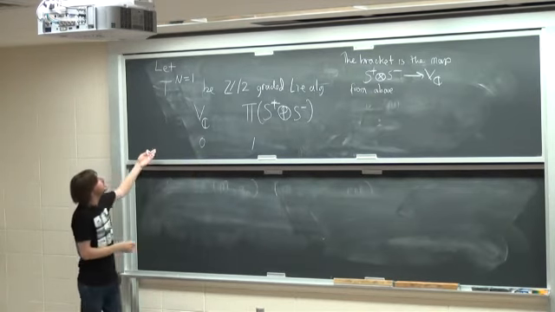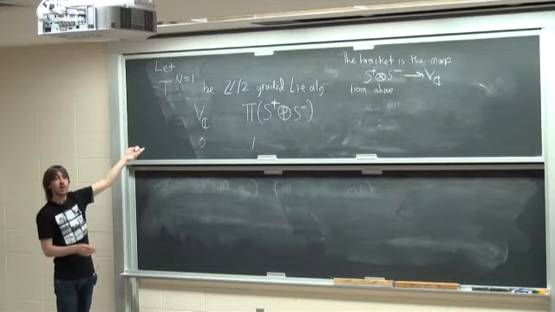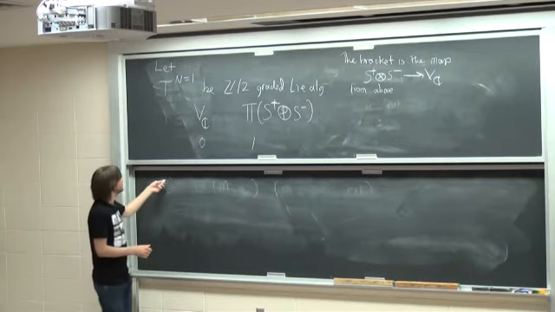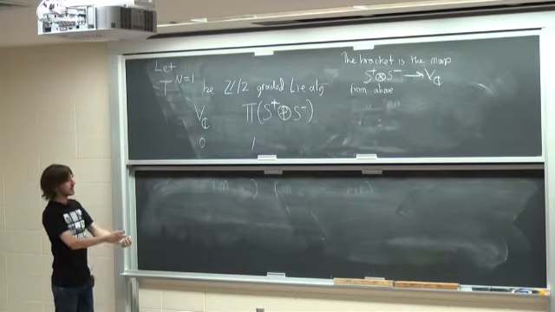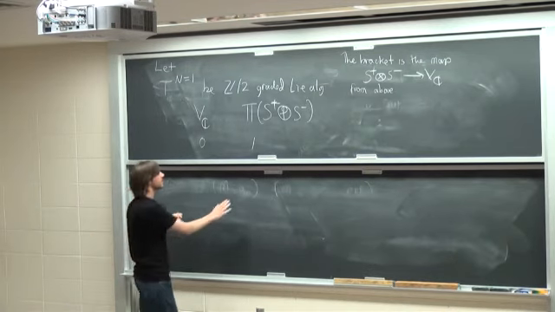Okay, so evidently spin 4 acts on this guy. So I can form the Lie algebra of spin 4 acts on this guy.